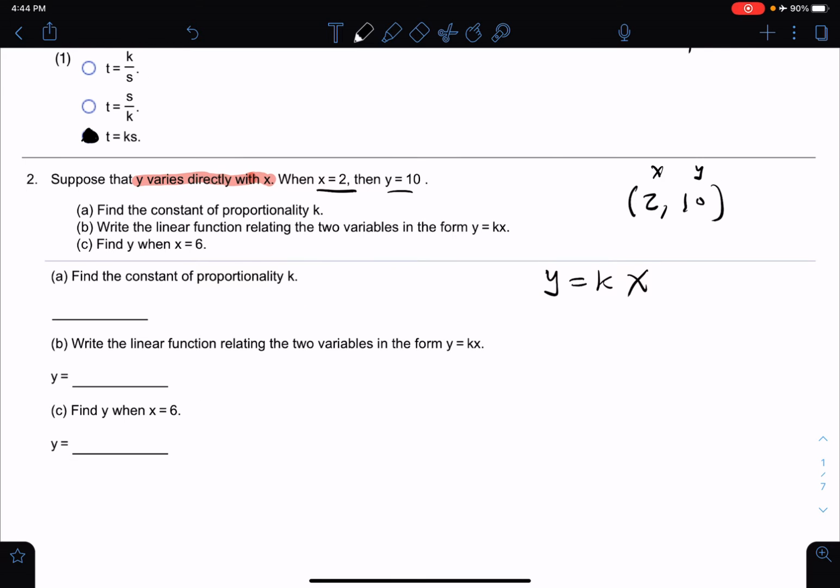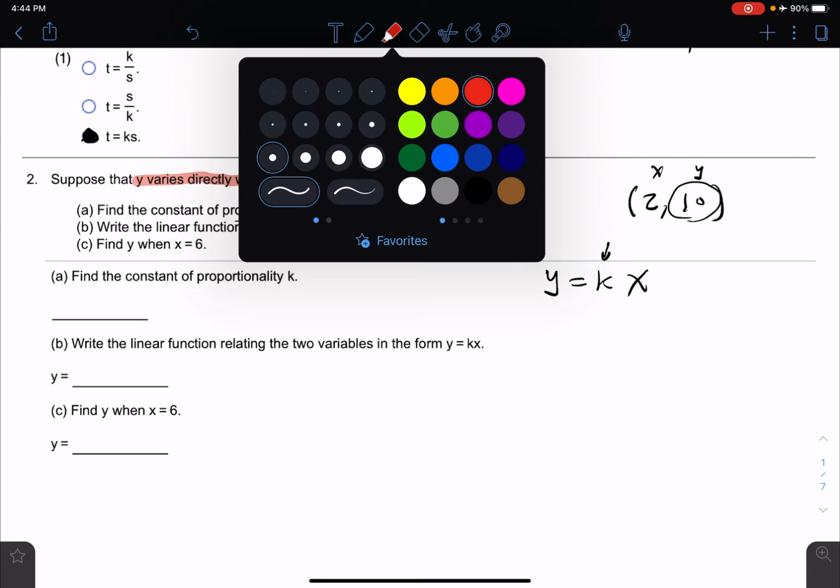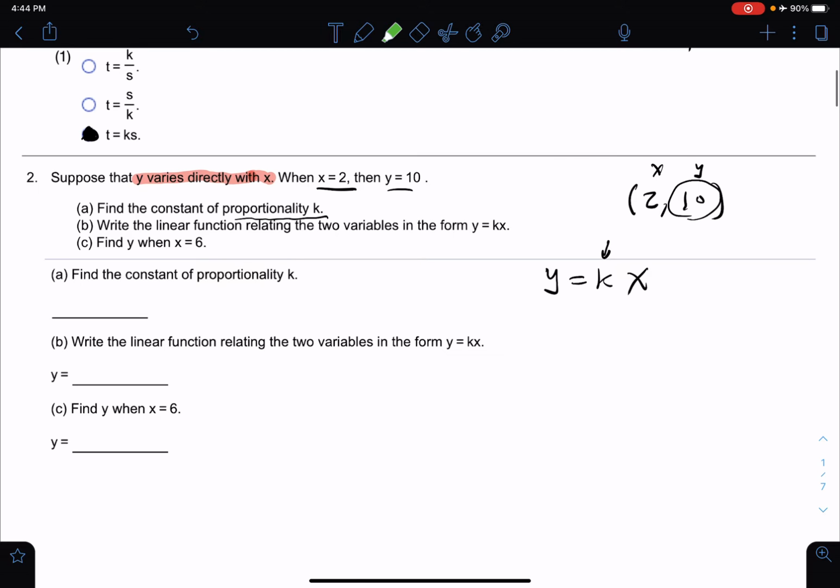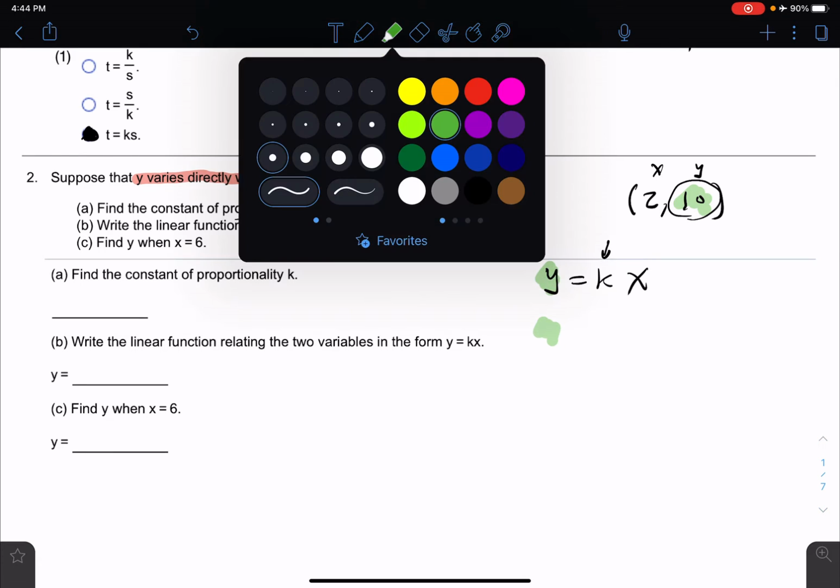What we want to do is find our constant of proportionality, k, and we do have a k right there. All we need to do is substitute in. Let's use some color. Our 10 is our y value, so it has to go there.